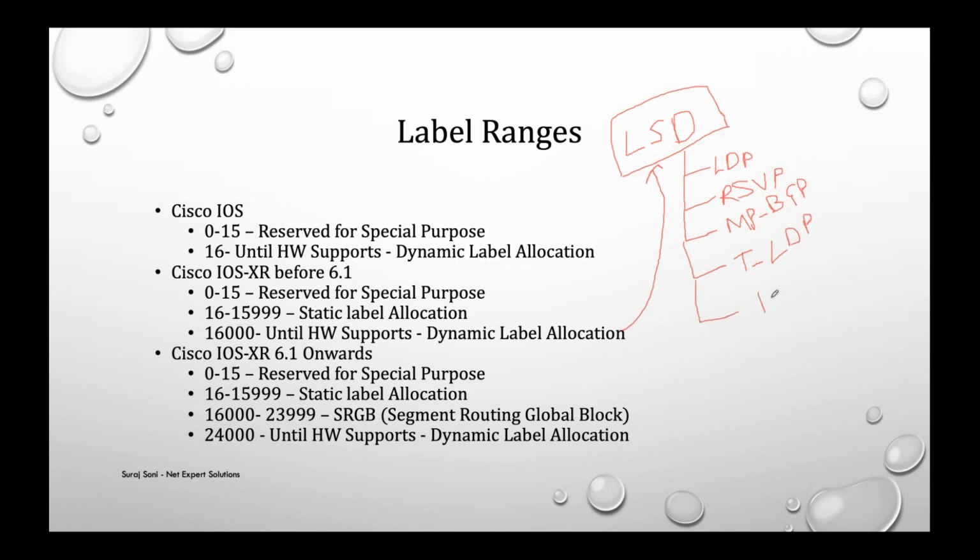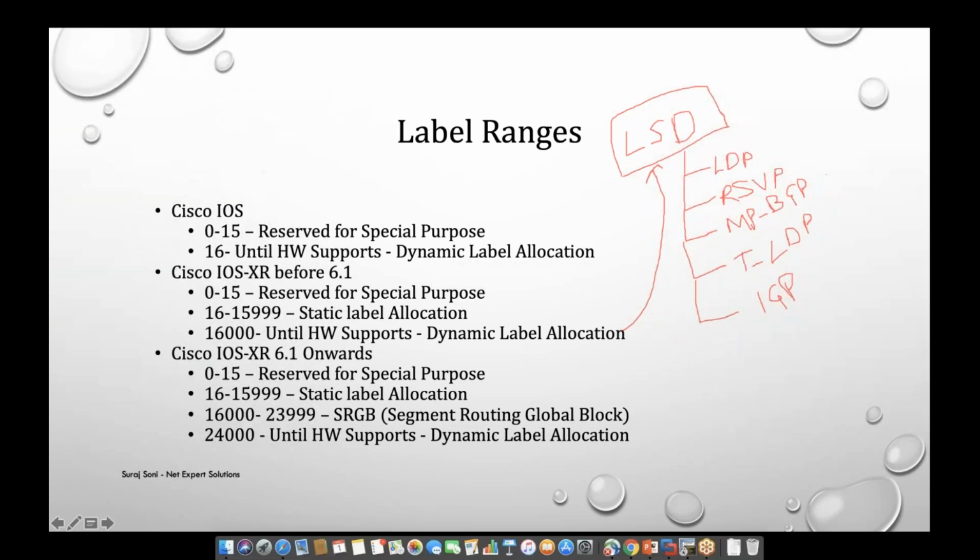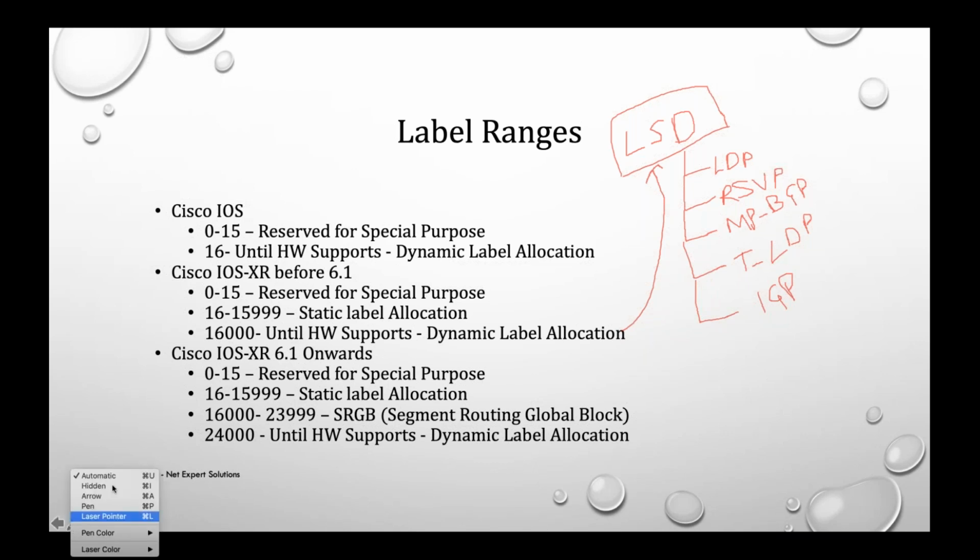And your IGP can be the client, IGP meaning only OSPF or ISIS. So these all are the clients for the LSD. As soon as you enable any of these protocols, they will register themselves as a client to the LSD, and then LSD will start propagating the labels from the dynamic label range. That is the story until the case of 5.2, 5.4 iOS XR.